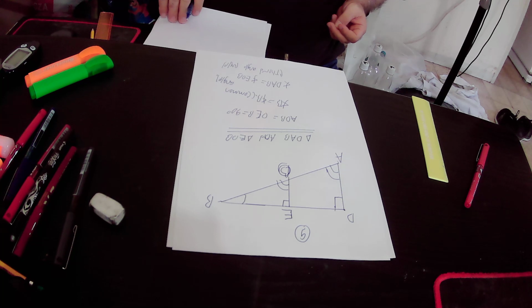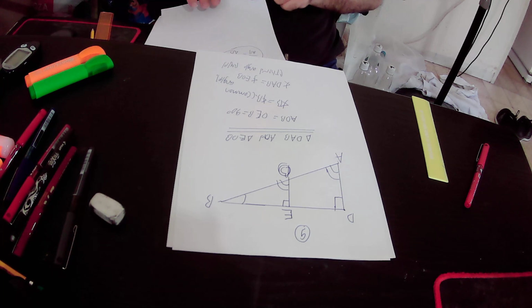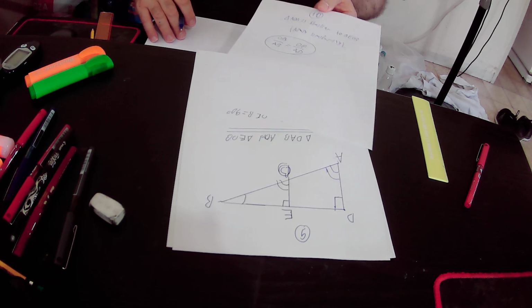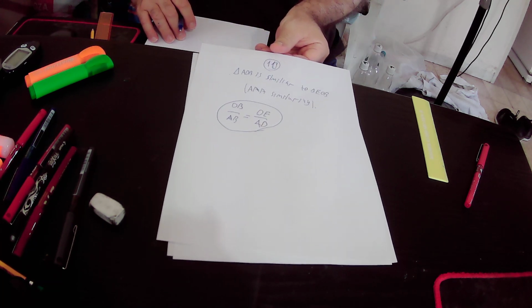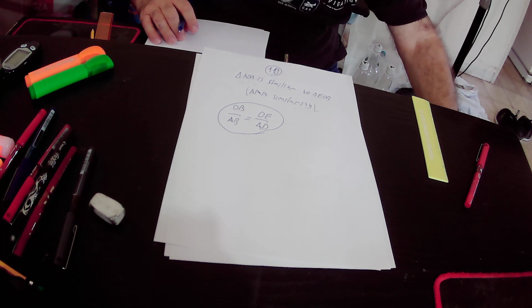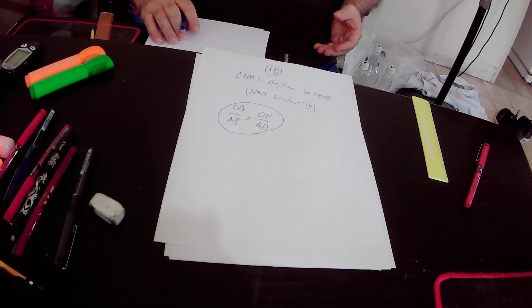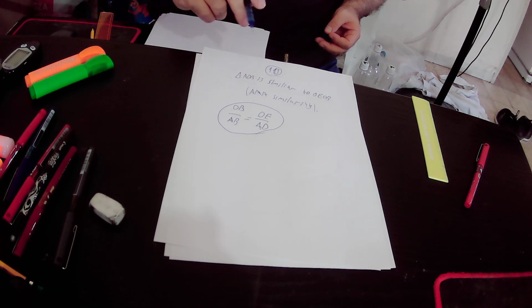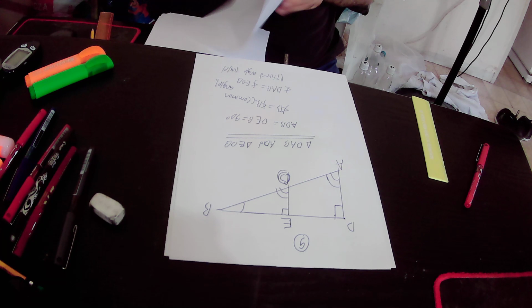Again, because the big triangle ADB is similar to the small triangle EOB, OB over AB equals OE over AD. Okay?